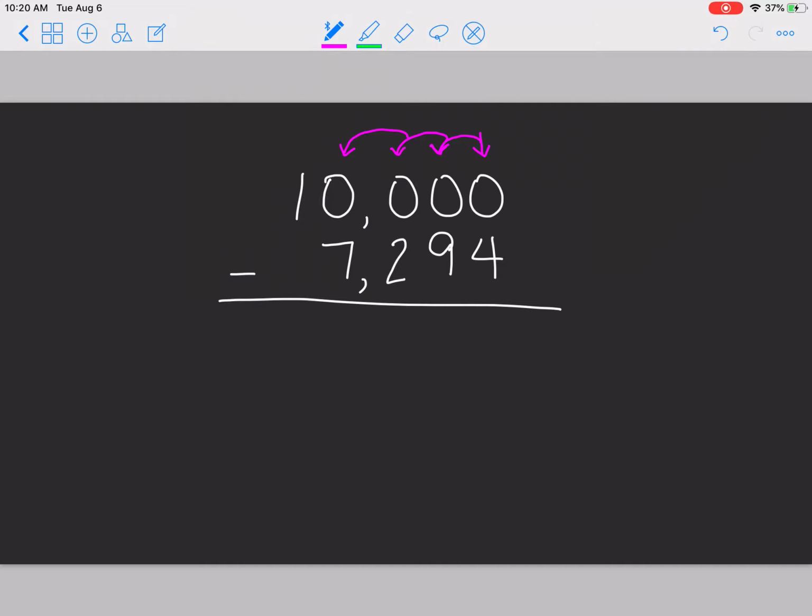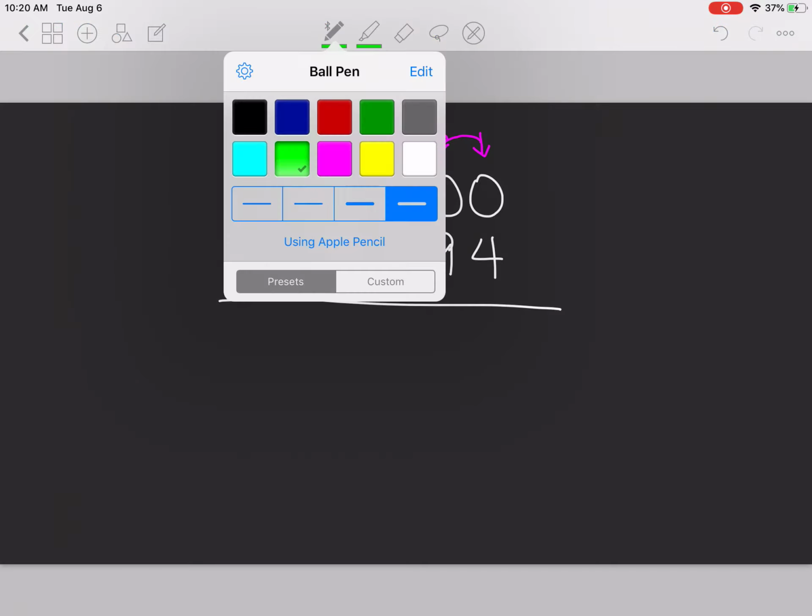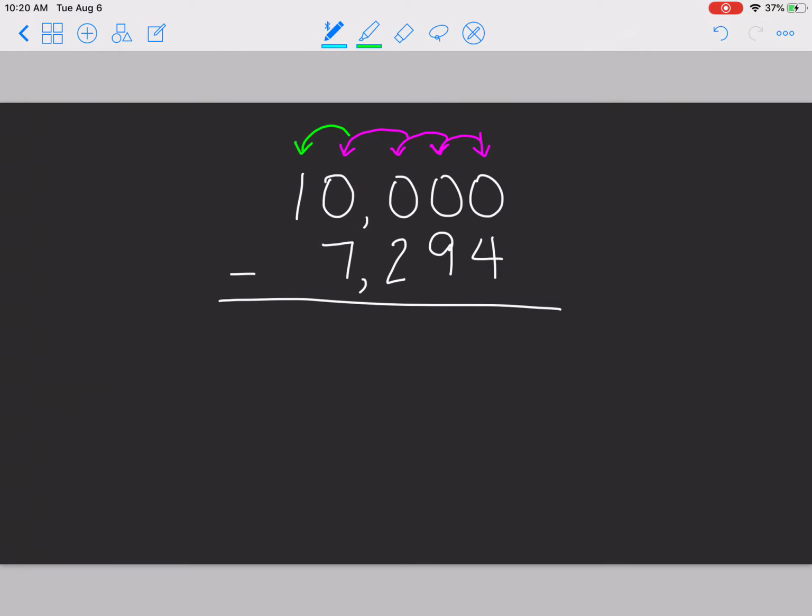But when I look at the next place value, I have a 1 in the 10,000s place, so I have 10,000 that I can actually give to my thousands place. So what's going to happen is I'm going to take that 1 and it's going to become a 0.